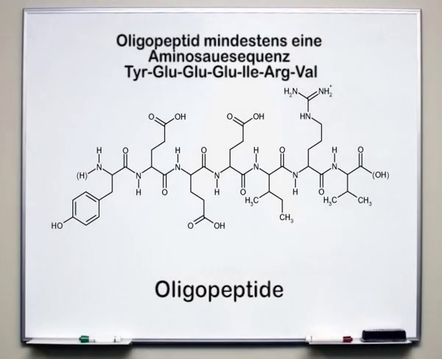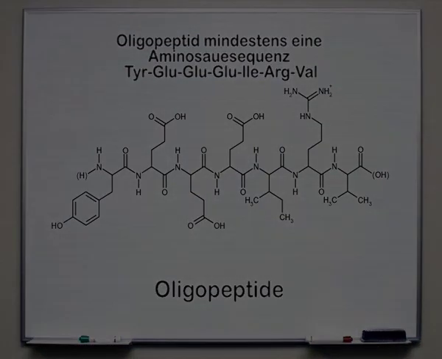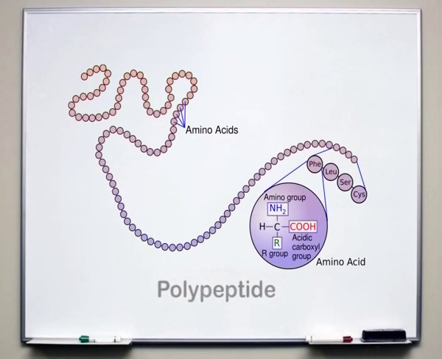Similarly, amino acids can be linked to form tetrapeptides, pentapeptides, and so forth. When a few amino acids are joined in this fashion, the structure is called an oligopeptide. When many amino acids are joined, the product is called a polypeptide.